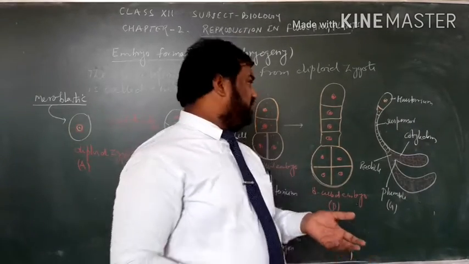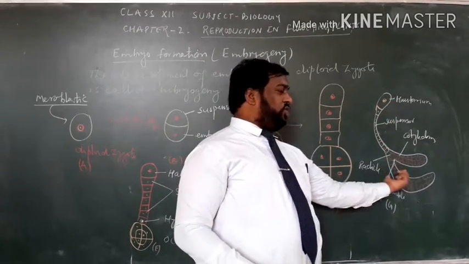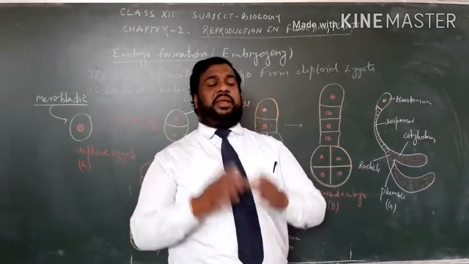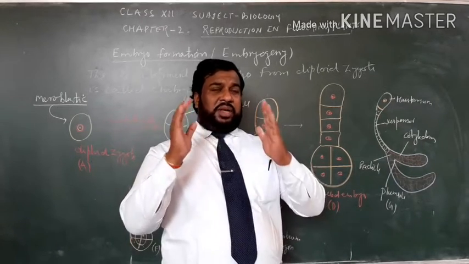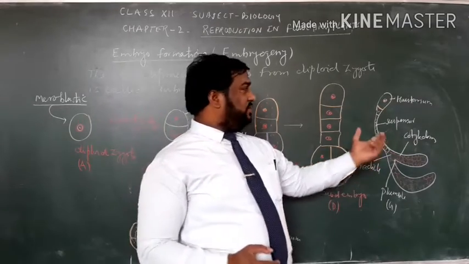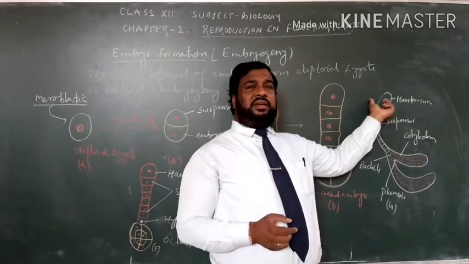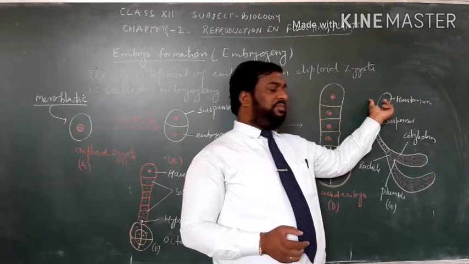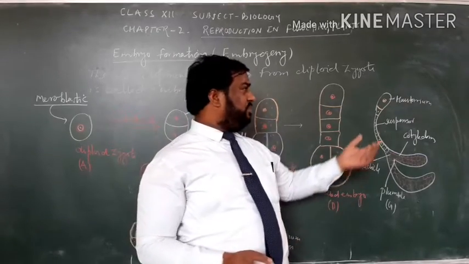Next, when a fully mature embryo is formed in a dicot plant, this fully mature dicot embryo has one haustorium for the nourishment of the growing embryo at the micropylar end.